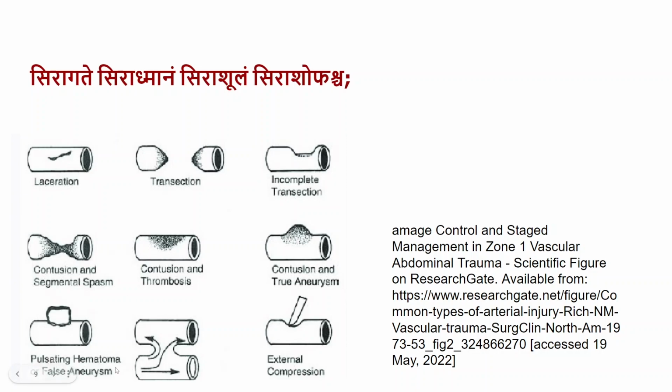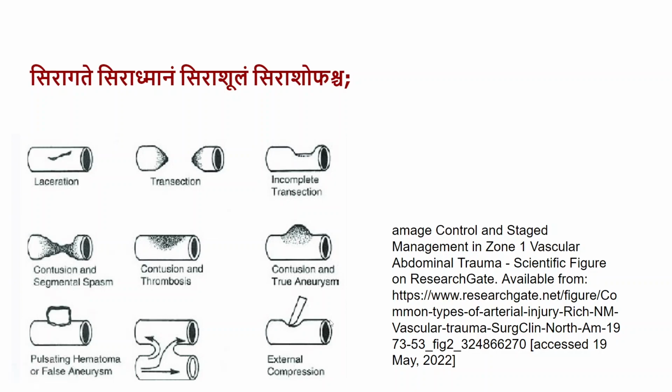Then in due course of time, the later complications of a vascular injury could be a pulsating hematoma, or what we call a false aneurysm, or there could be AV fistulas. Or a dilated vessel may produce compression of the nerves or other structures like veins, and may produce what we call compartment syndromes.